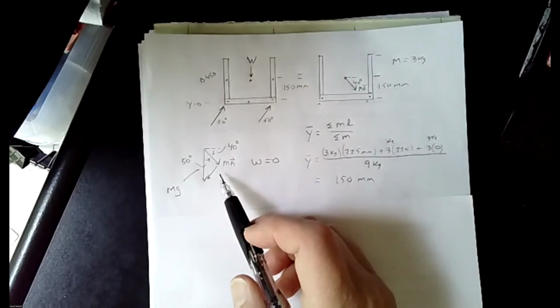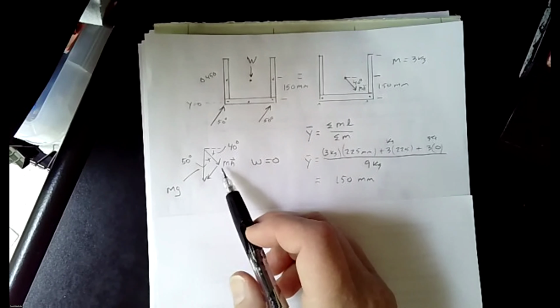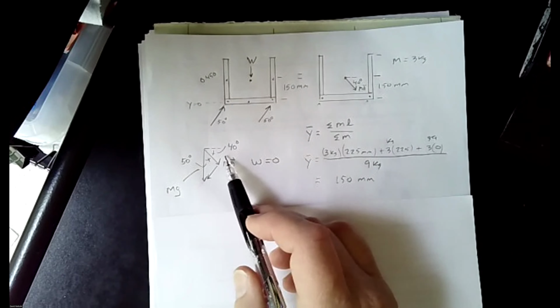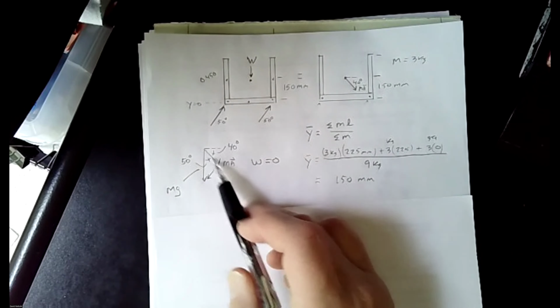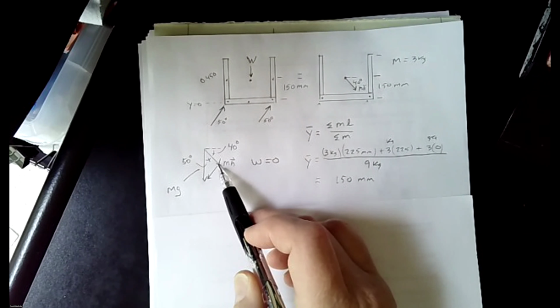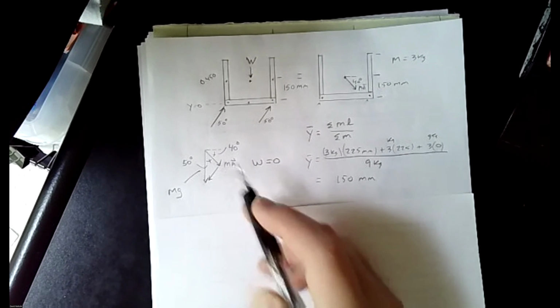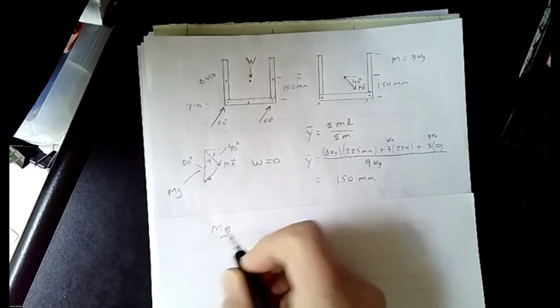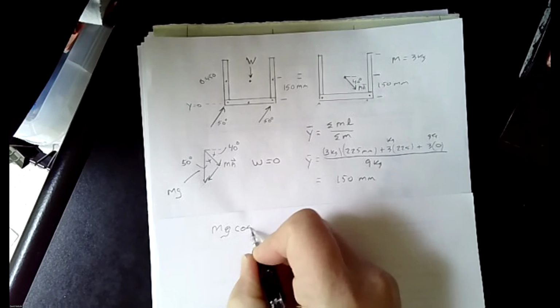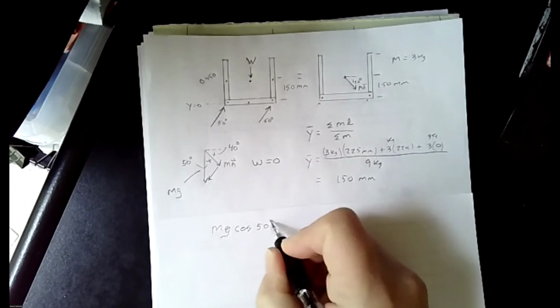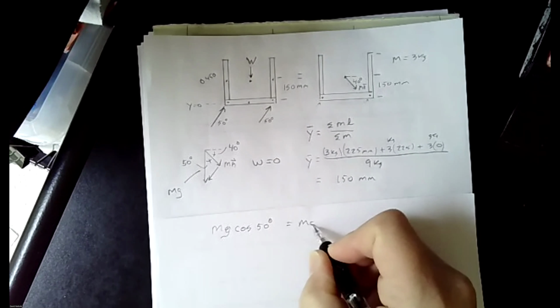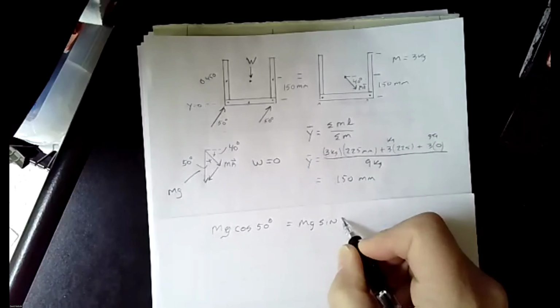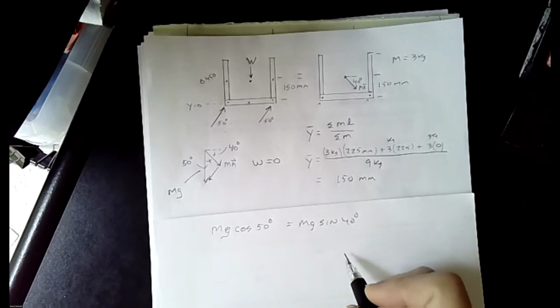Well, the acceleration is just going to be that amount of ma that goes in that direction. Or if you think about it, it would be mg times cosine of 50 degrees, which is the same as mg sine 40 degrees, right? Same thing.